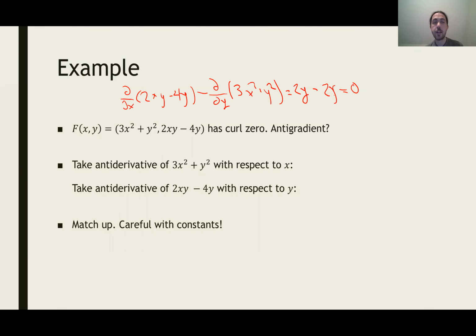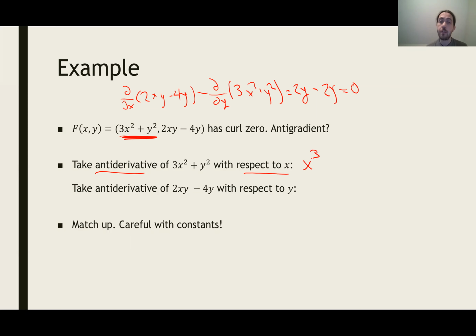To find an anti-gradient, what we would say is, well, if this is going to be a gradient vector field, then this thing on the left has to be the derivative of a function with respect to x. So I find an antiderivative of it with respect to x. An antiderivative of 3x squared with respect to x is x cubed.